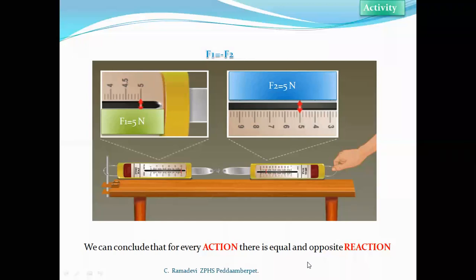What do you notice from the readings in the spring balances? Are the readings of the two spring balances the same? Yes, we see that the readings are the same. Are we able to make the spring balances show different readings by pulling them simultaneously in opposite directions? No, we cannot, because when we are pulling simultaneously, the two spring balances show the same reading.